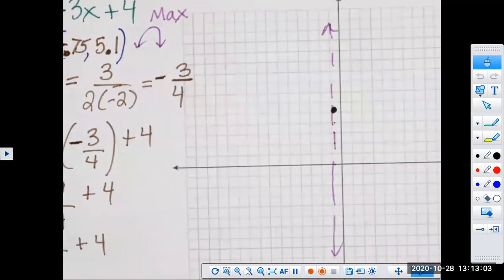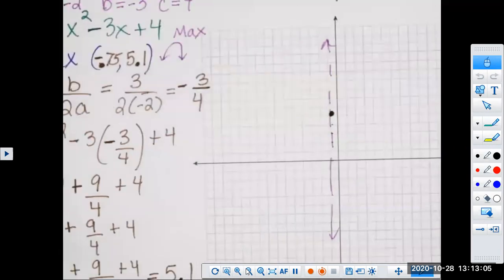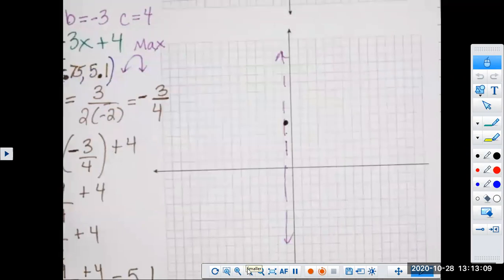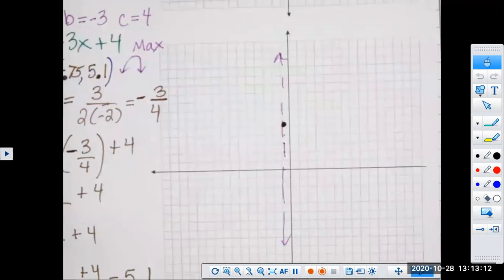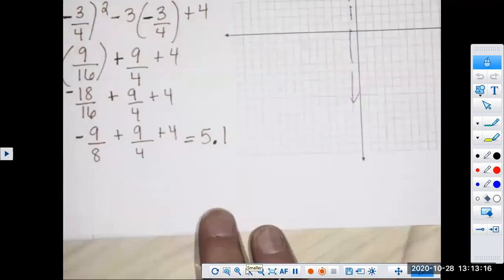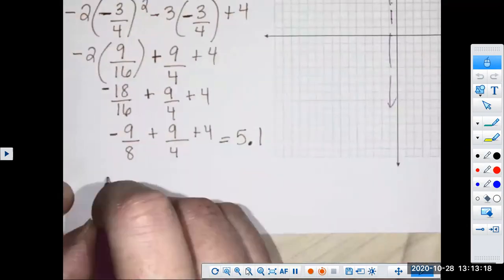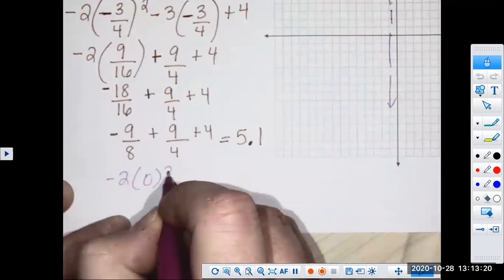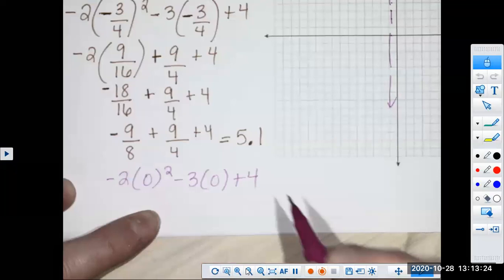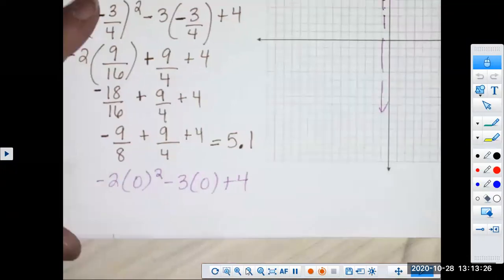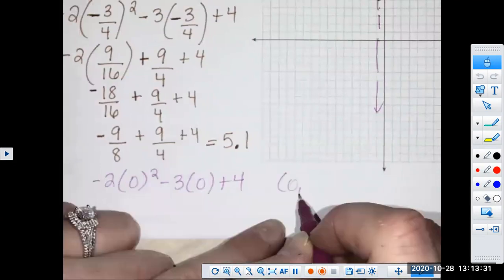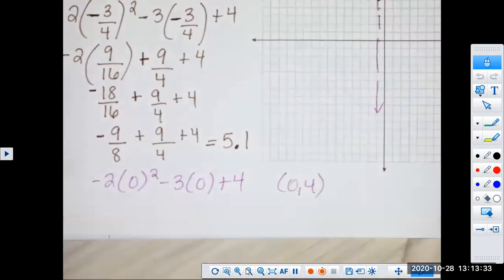If you plug in 0, that will be on the y-axis. Okay, so let's go back down here. We're going to plug in 0. What should that give you? What do you have at the end of your equation? 4. And we've already said when we're on the y-axis, x is 0. So you can easily look at your equation and get that point.